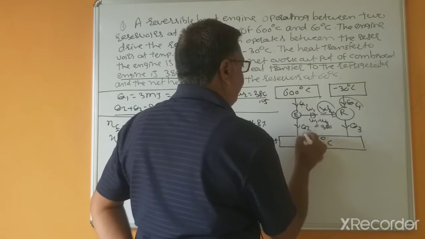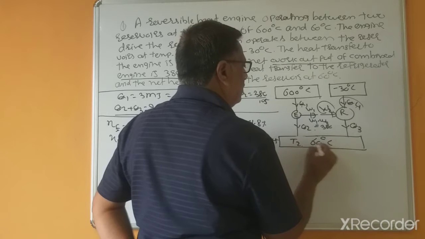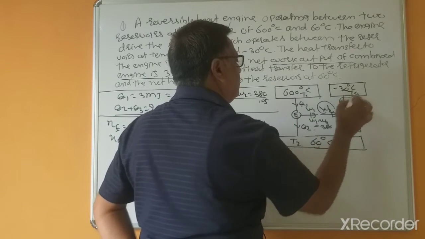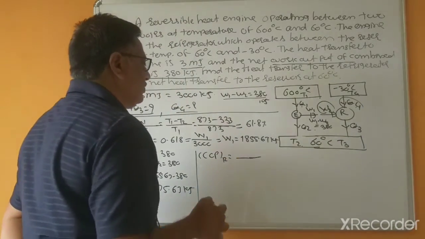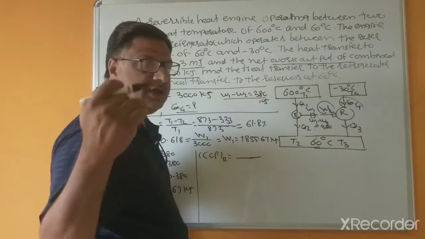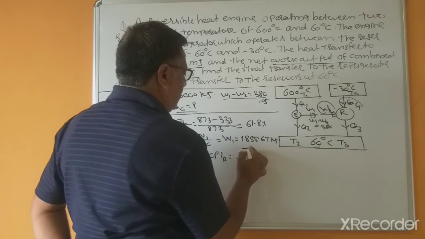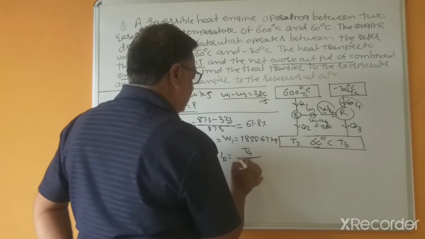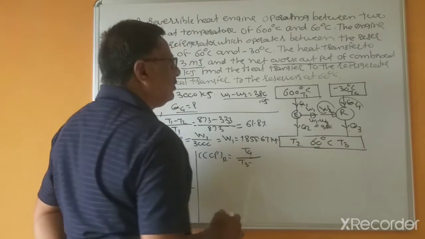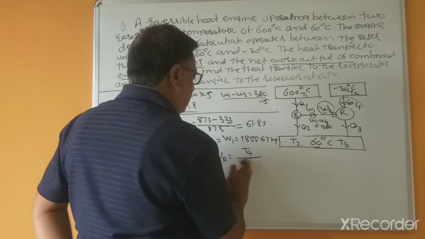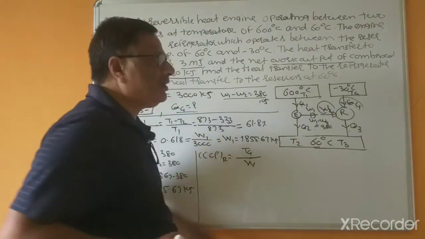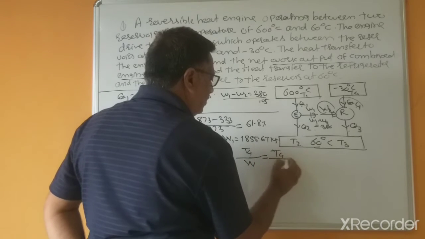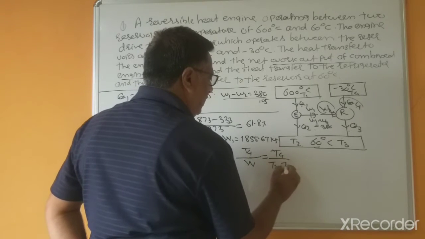Suppose this is T2 and this is T3, this is T1 and this is T4. What is important is the amount of heat extracted. So the COP equals T4 divided by T3 minus T4, and what we are spending here is W.